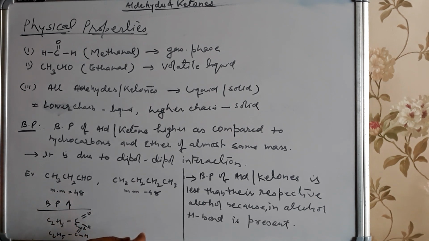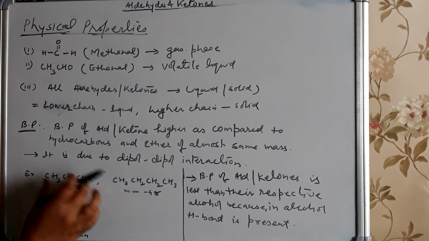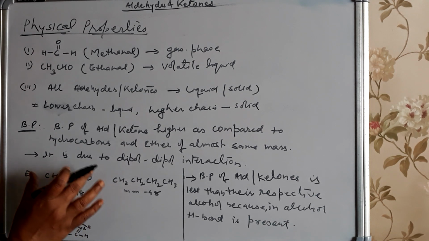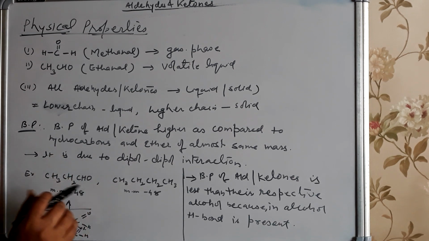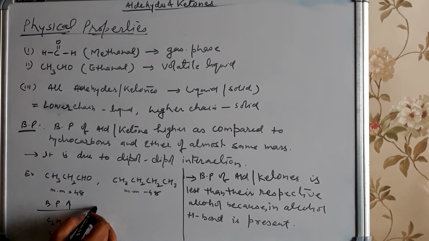But in alcohol, boiling point is on the basis of hydrogen bonding, and in aldehydes the boiling point is on the basis of weak dipole-dipole interaction. If we take two molecules of aldehyde, a weak force of attraction exists, which is called dipole-dipole interaction. Okay.